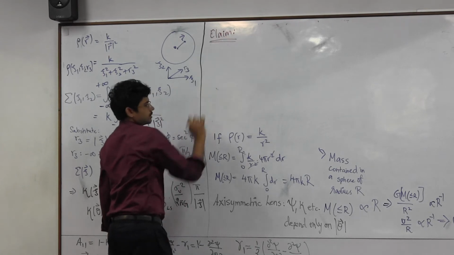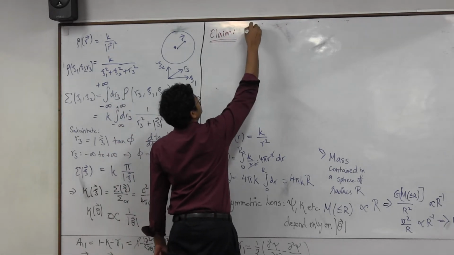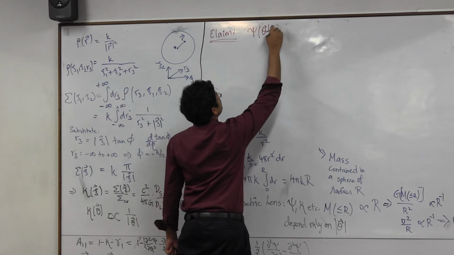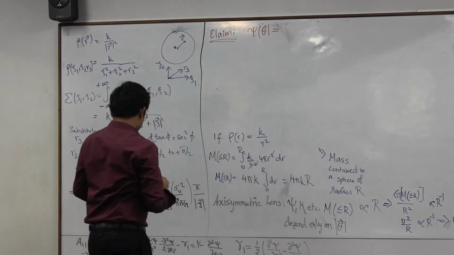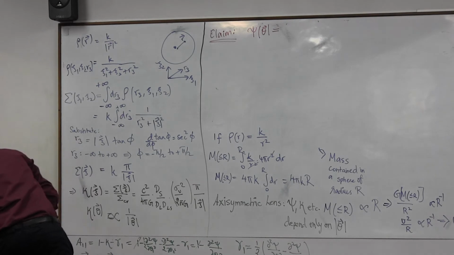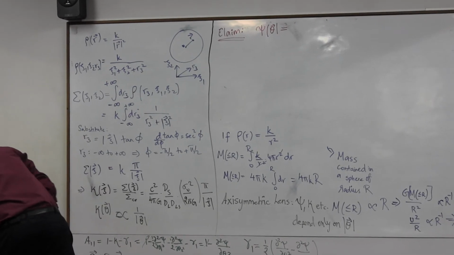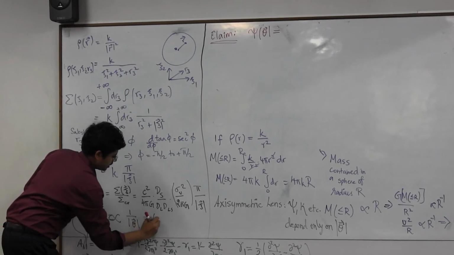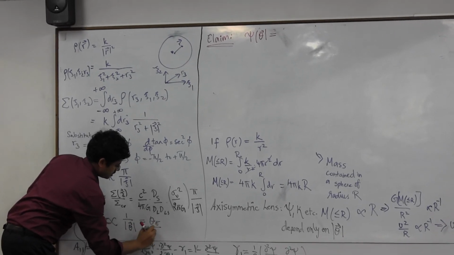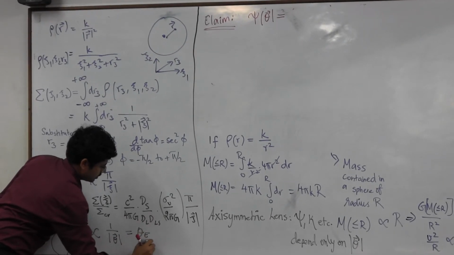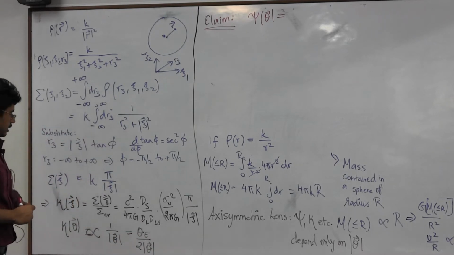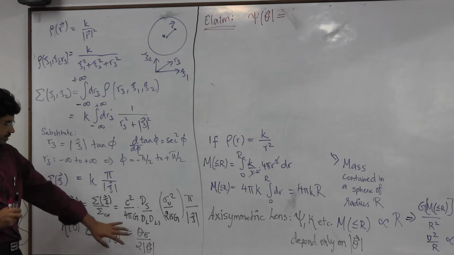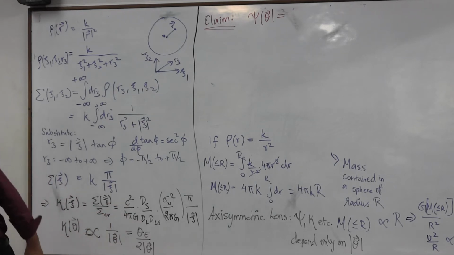So I will write this as a claim because we still haven't proven this. So I will get rid of this proportionality constant by writing it this way. So theta is again the Einstein radius, but that does not matter. Treat this as some constant for now.